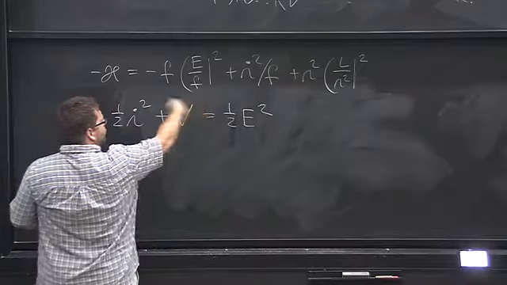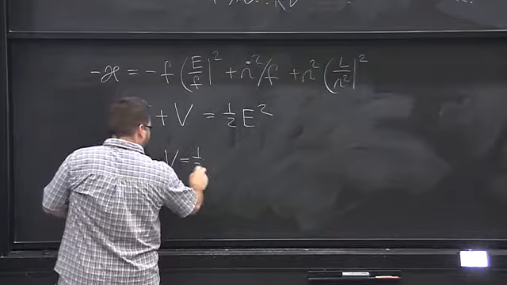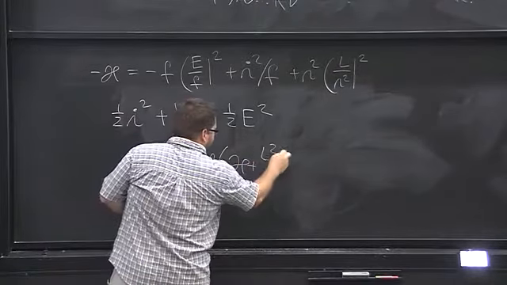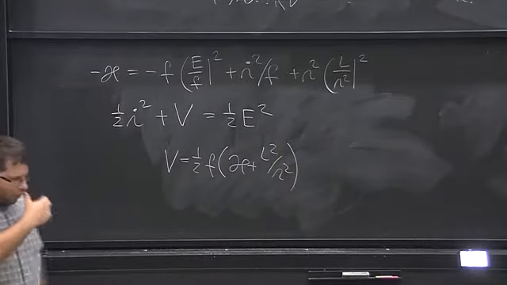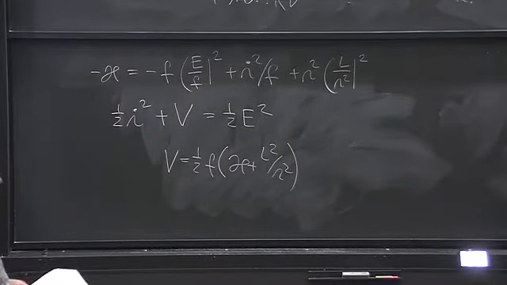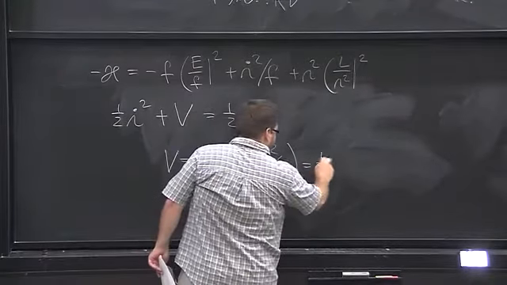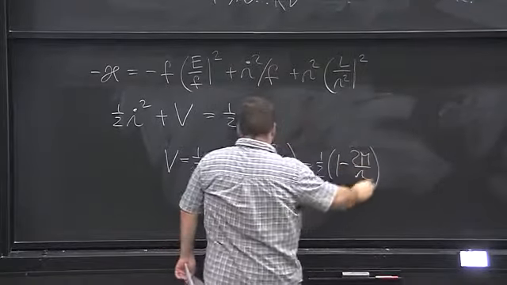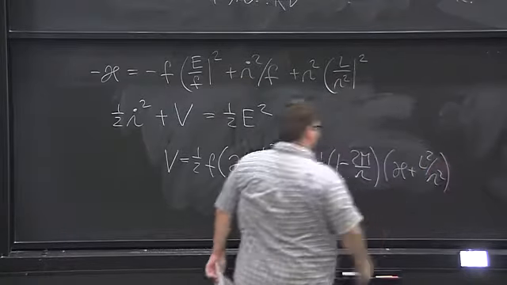And if you just look at this equation, V is simply given by 1/2 f times kappa plus L square over r square. Or if I plug in what f is, f is 1 minus 2m over r, times kappa plus L square over r square.